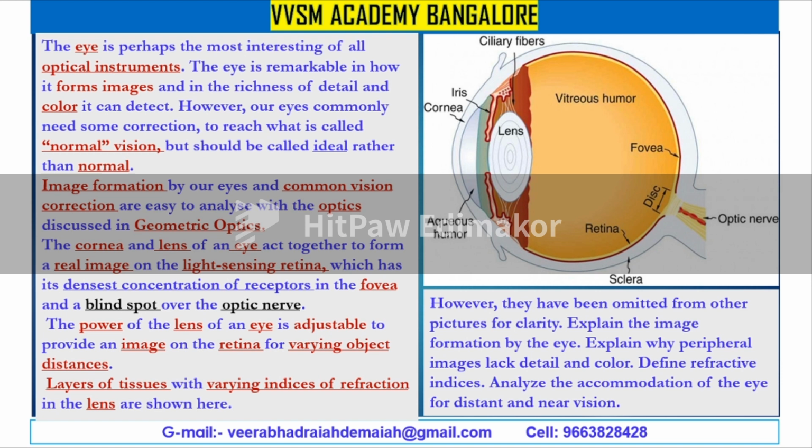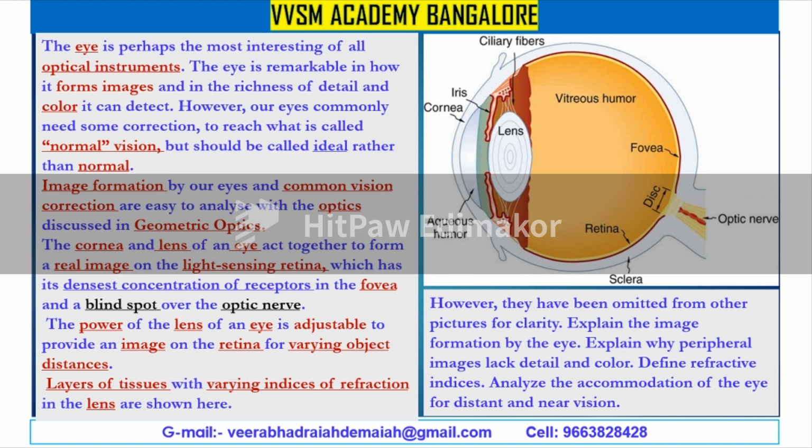The cornea and lens of an eye act together to form a real image on the light-sensing retina, which has the densest concentration of receptors in the fovea, and a blind spot over the optic nerve. The power of the lens of the eye is adjustable to provide an image on the retina for varying object distances.